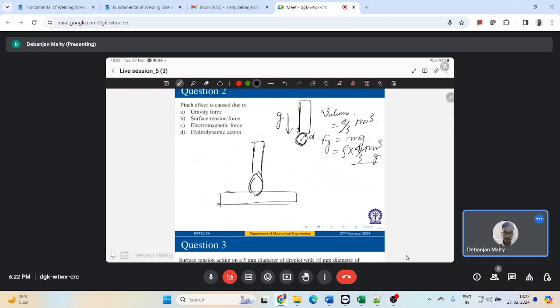So if this is your arc, you will have electrons, you will have positive ions also. If my electrode is connected to the negative terminal and my workpiece is the positive terminal, my ions will be moving to the electrode. This we have talked a lot, and electrons will move to the workpiece side, the positive side, right?